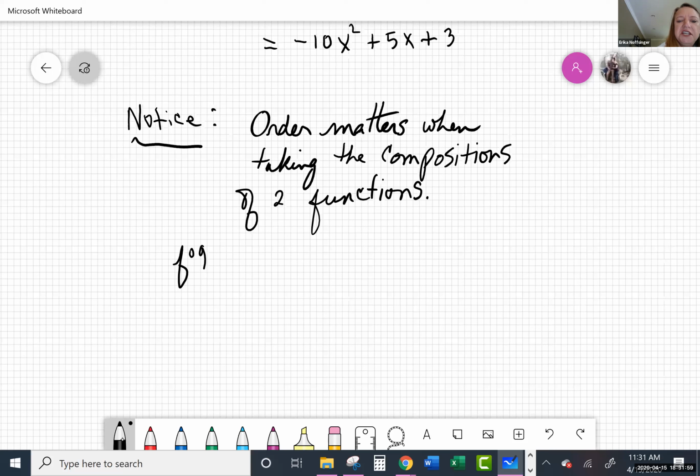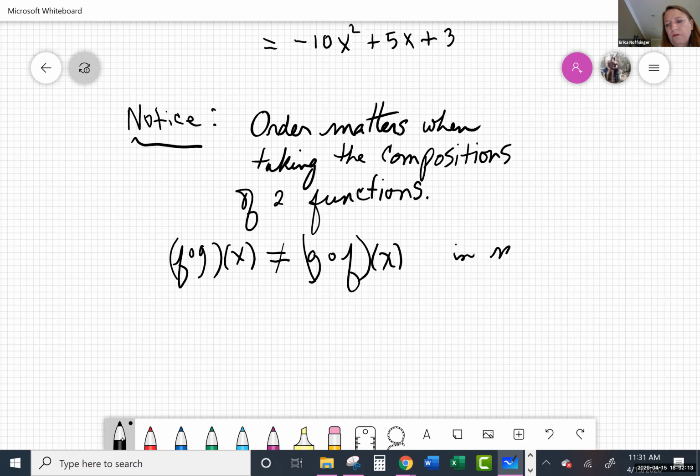So f of g of x normally does not equal g of f of x. It's possible, but in most cases, this is not equal.